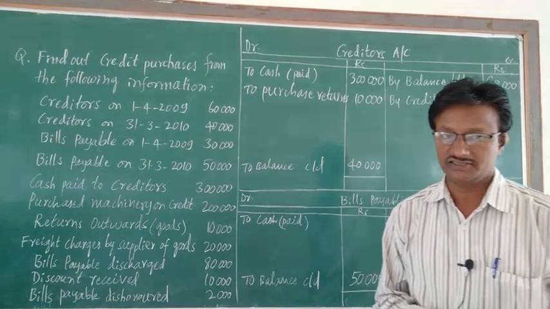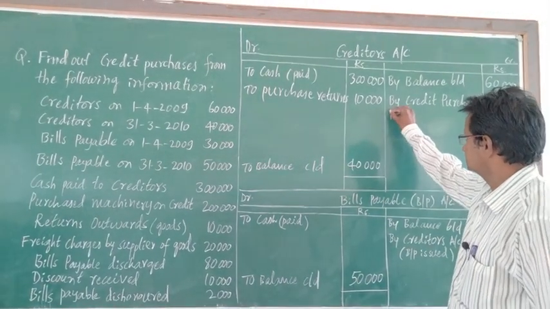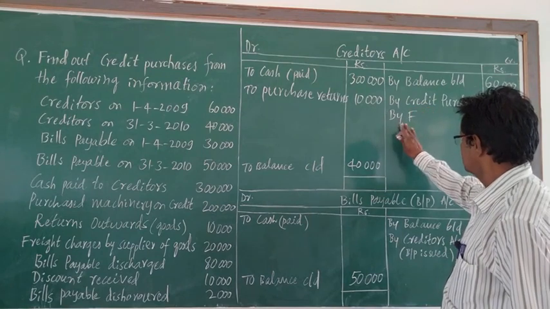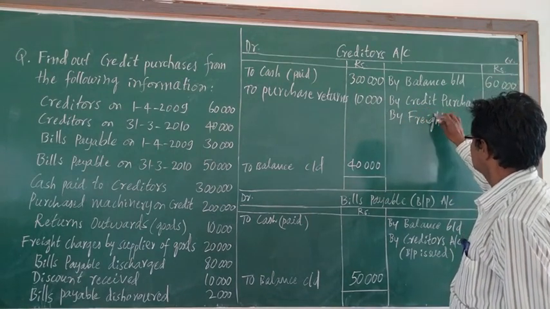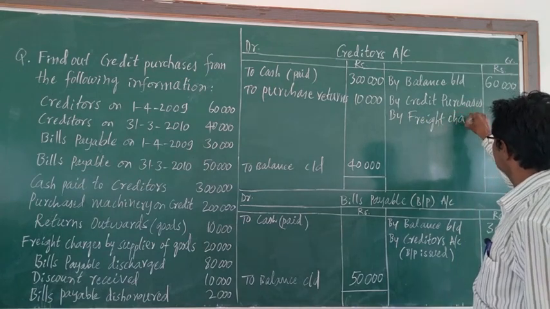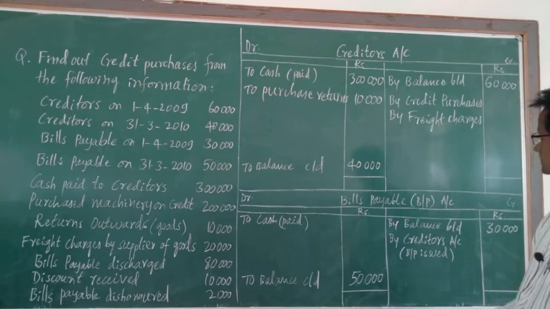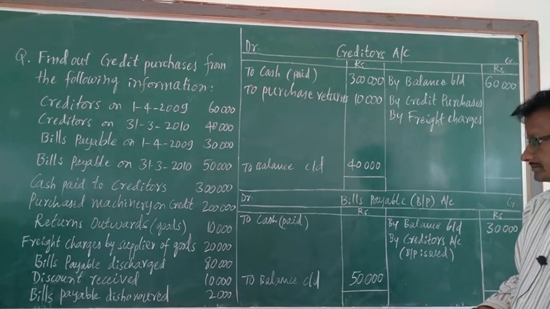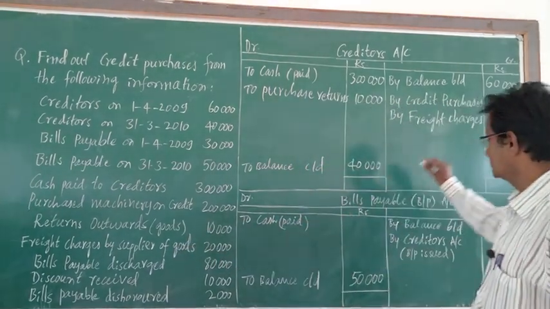So in creditors account we have to make entry as by freight charges, that is 20,000.